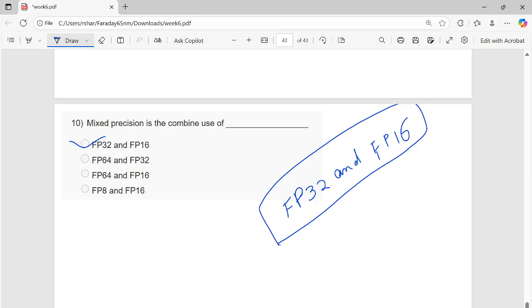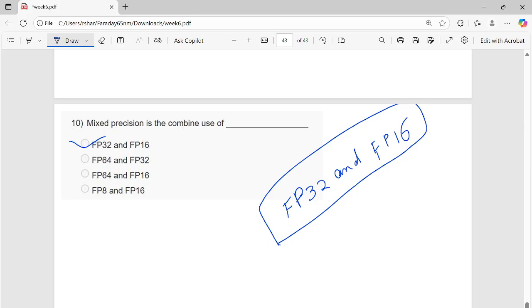So FP32 for the parts of the model that require higher precision like accumulation of gradients, and FP16 for the bulk of the computation to speed up training and reduce memory usage. So this combination balances speed as well as numerical stability.